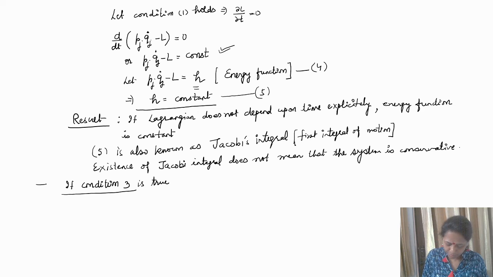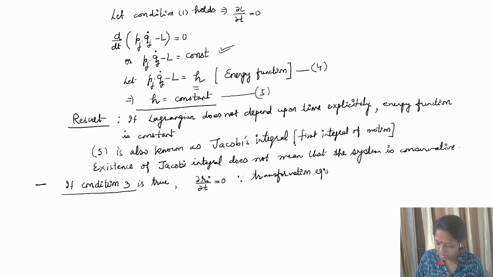If condition 3 is true, that means what will be delta r_i by delta t? This will be 0, because transformation equations are independent of time.